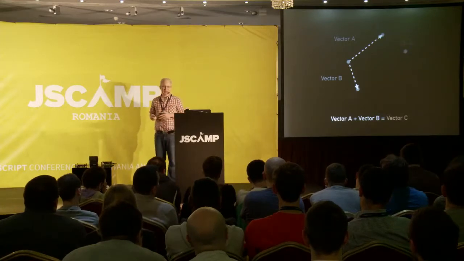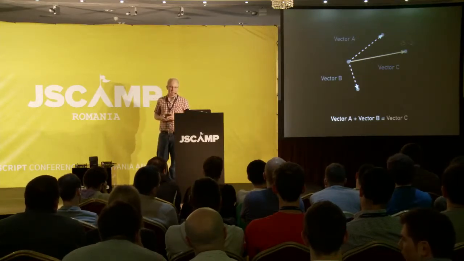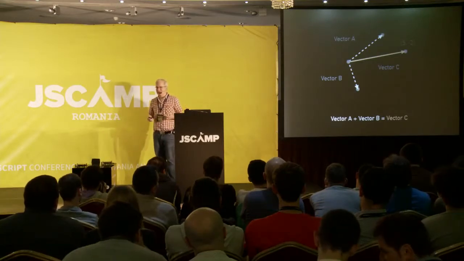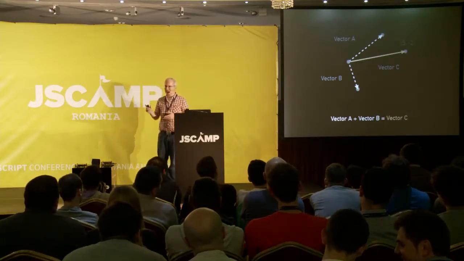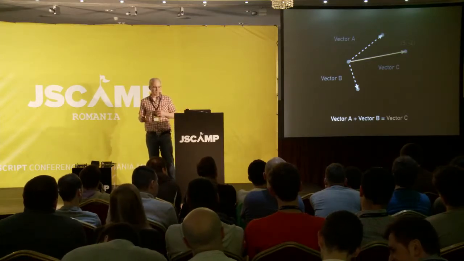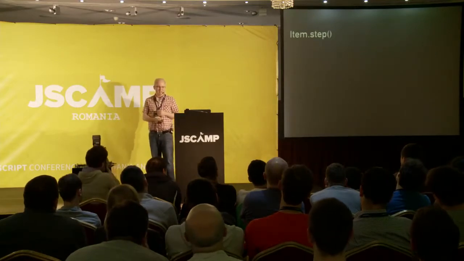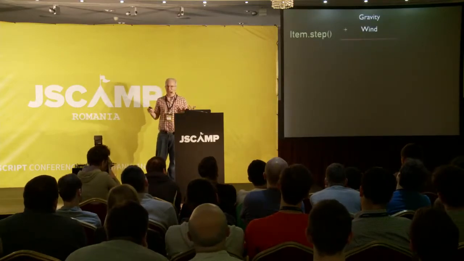We take the x property of vector A and add it to the x property of vector B to get 5, and then we get -2 when we do the same with the y properties. Now we have a new vector, and we can apply that vector as an acceleration to the items in the system. I think it'd be worth talking about the step function in our items as well. The step function is where we're going to do what we just talked about.